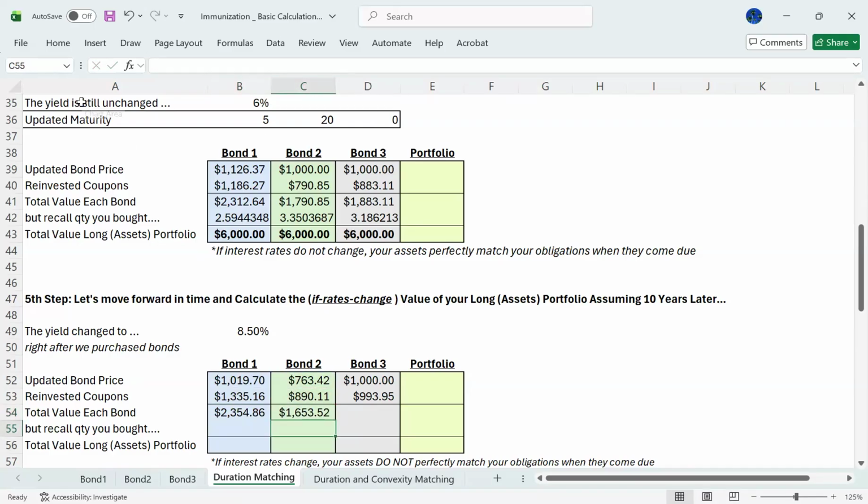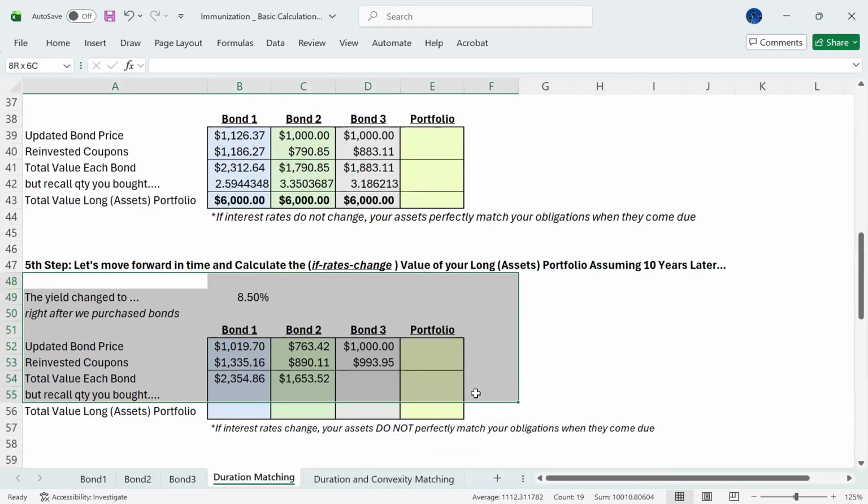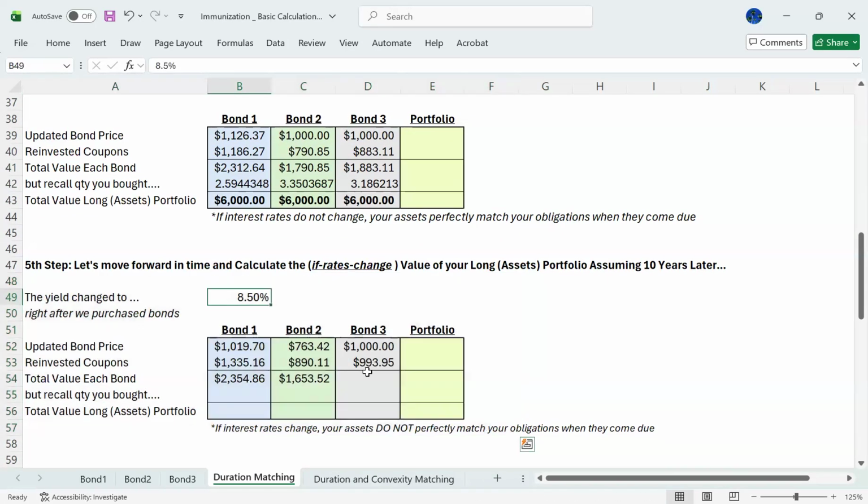Keep in mind up here, we assumed that these rates did not change. Here, the big distinction is we're assuming that the rates did change to 8.5 right after we purchased the bonds. So we evaluate the reinvested coupons as if we are reinvesting these coupons from the very first coupon at an 8.5% rate.